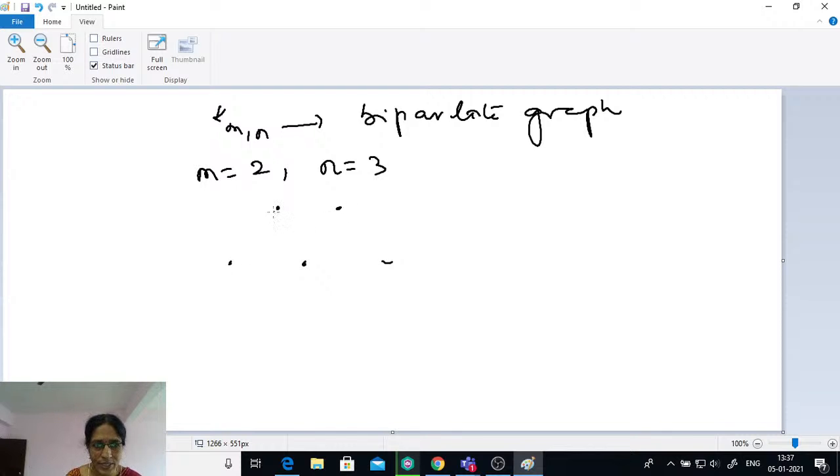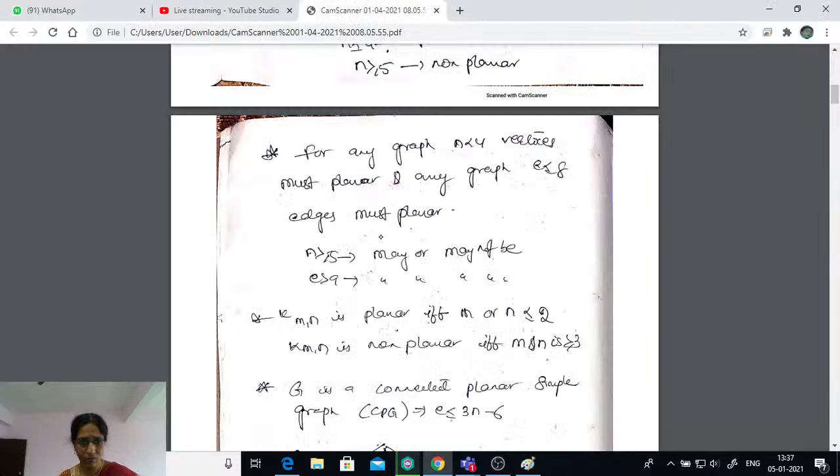There is an edge to the other set of vertices, but not within the same set of vertices. So this is called a bipartite graph. There is no edge between these two vertices, and no edge between these two. Edges within the same set of vertices do not form.